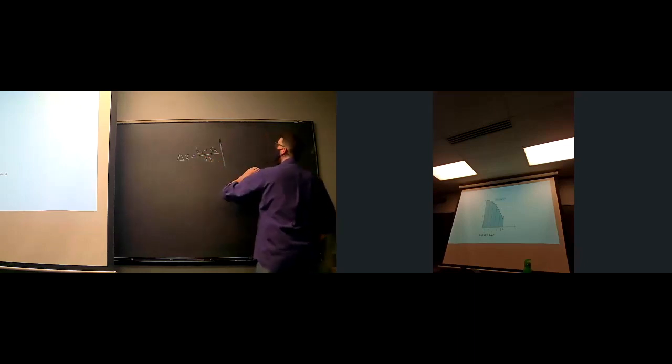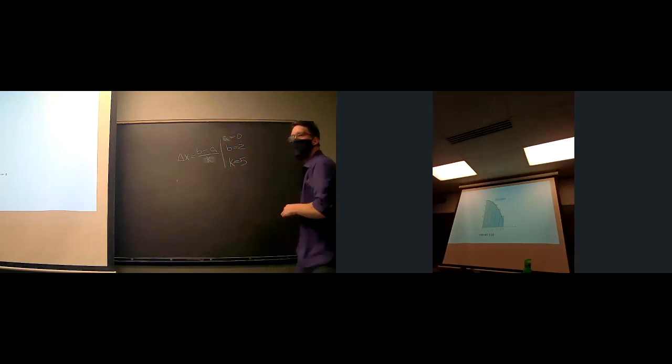Let's say k, just for the sake of keeping what I already wrote on the board. We already know a was equal to 0, b is equal to 2, and they said 5 rectangles, so we want to set k equal to 5. So delta x is equal to 2 divided by 5.